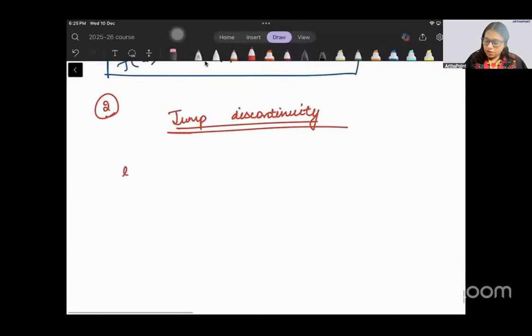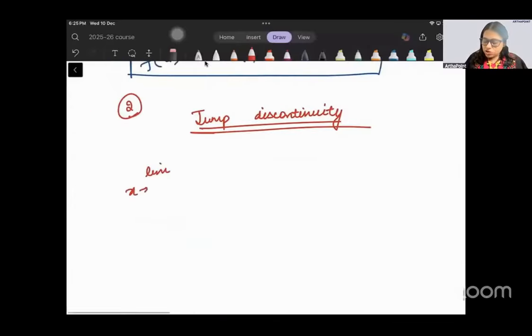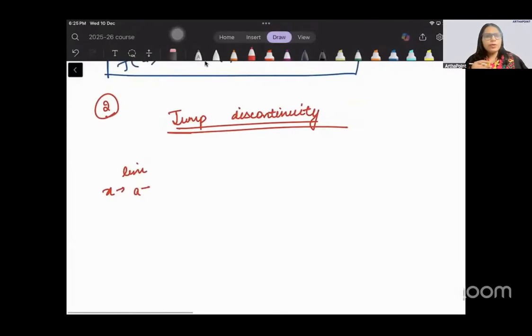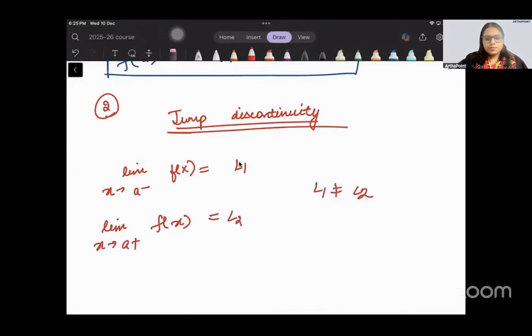Mane, limit x tends to a minus. When I approach the number from left hand side, I get L1. And when I approach the number from right hand side, I get L2. And L1 is not equal to L2. Right? It's a typical step function that you go ahead and get.